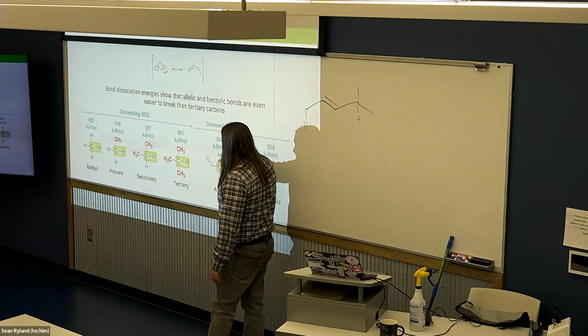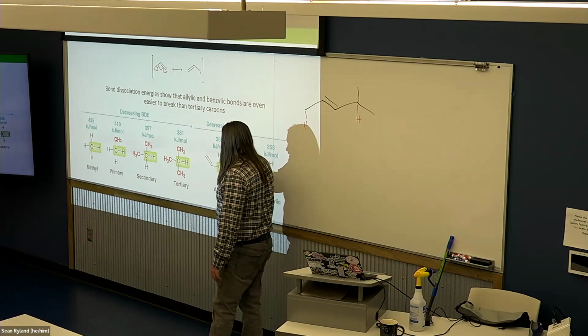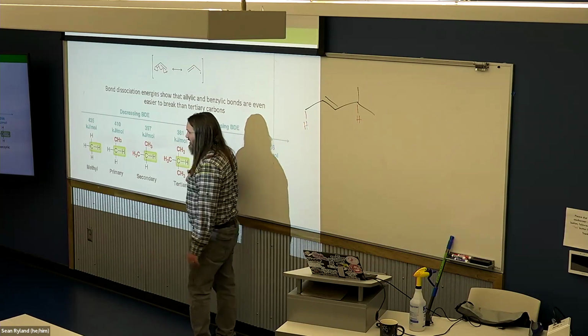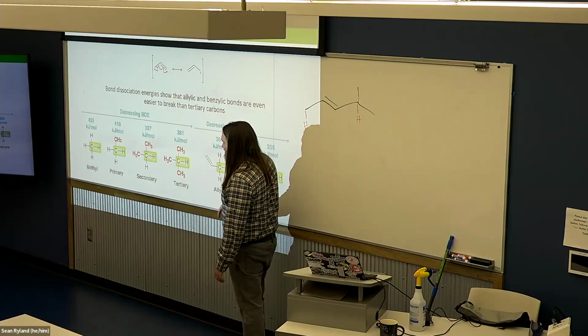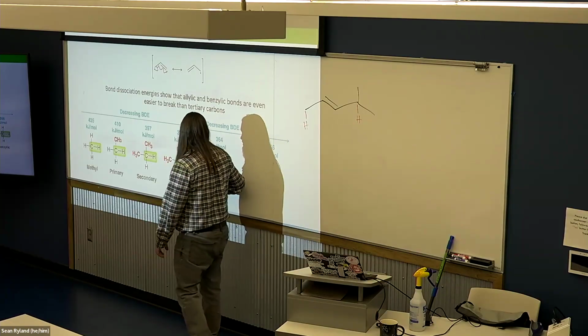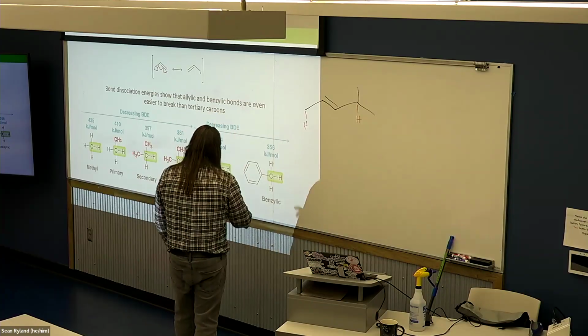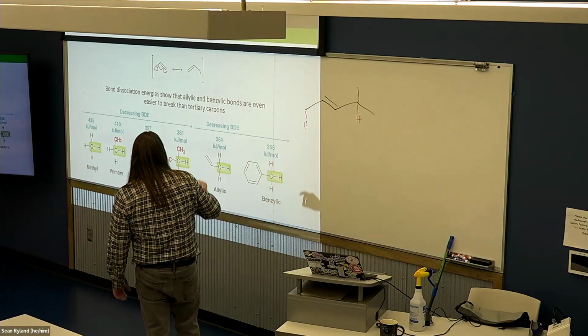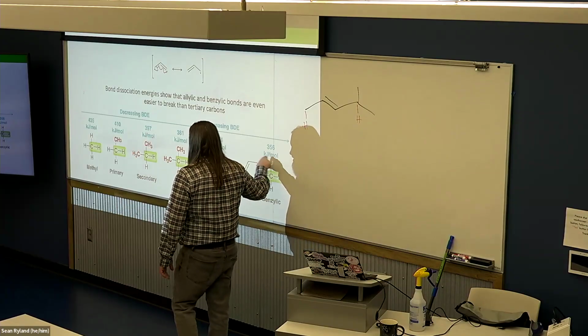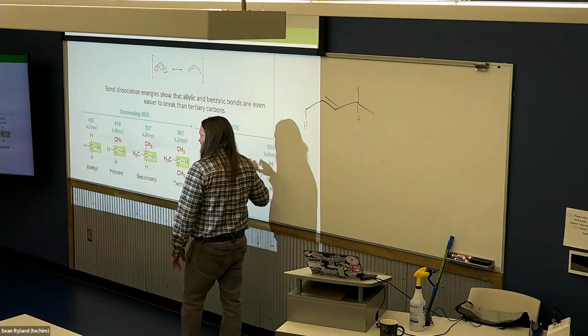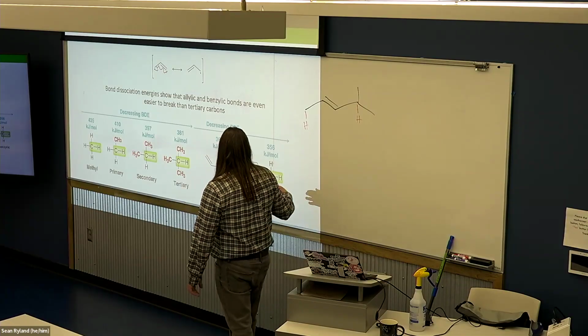Primary with resonance is more stable than tertiary without resonance. So instead of just putting everything with resonance into the same category as secondary, allylic and benzylic is even lower in energy than tertiary. So it matters even more. And the more resonance, the better.